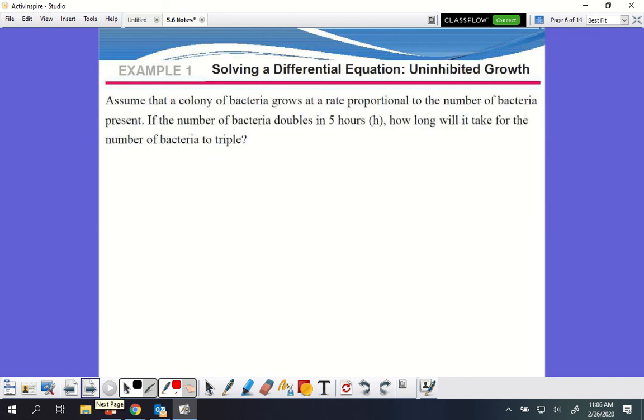Okay. So assume that a colony of bacteria grows at a rate proportional to the number. If it doubles in 5 hours, how long will it take for the number of bacteria to triple? Okay, let's give it a value. I like throwing in values, okay? I say my initial would be A, and I want it to triple, right?